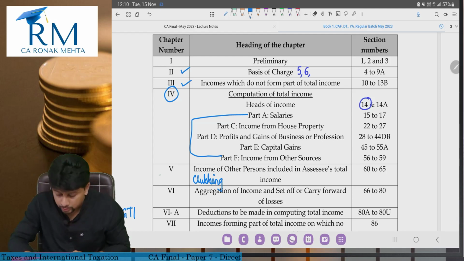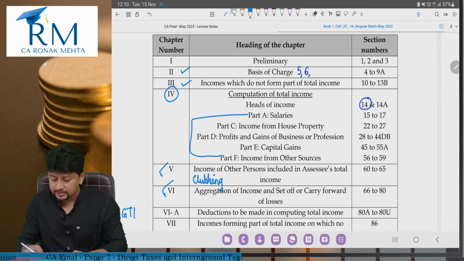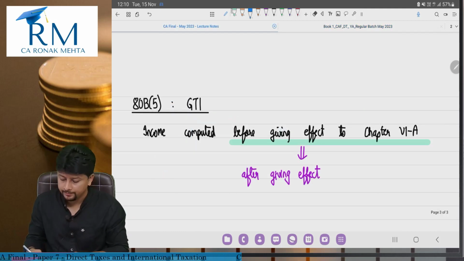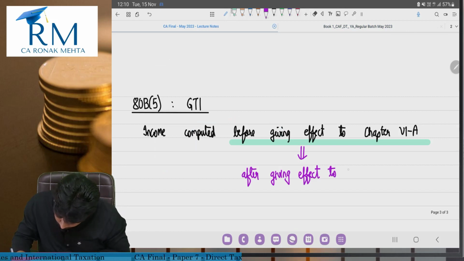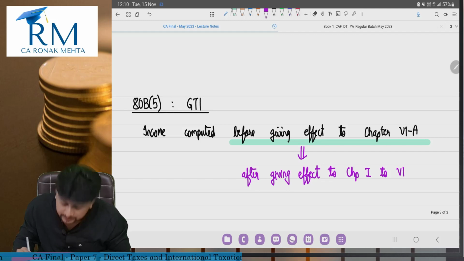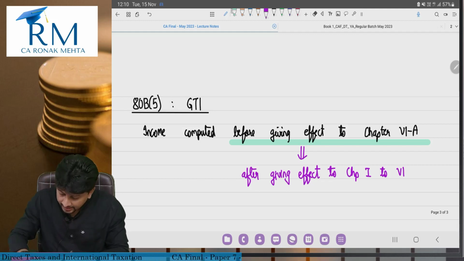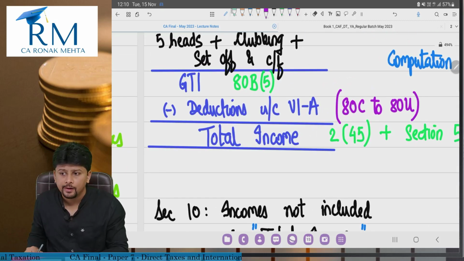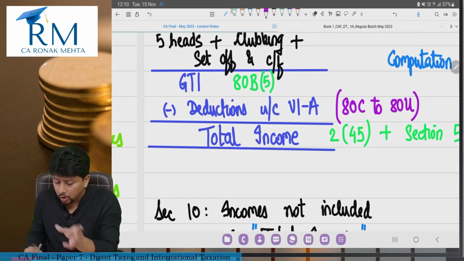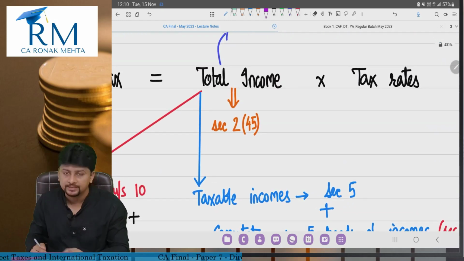That chapter also you will have to give effect before giving effect to chapter 6A. That's what I meant. After giving effect to chapter number 1 to chapter number 6, whatever you get is your gross total income. And then you give effect to chapter 6A, you get total income, and on that total income you are supposed to apply your tax rates.